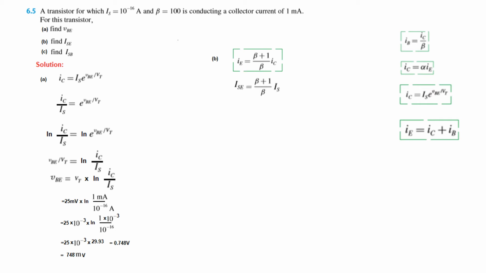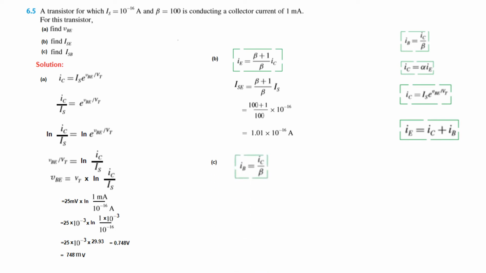So we can write that ISE is beta plus 1 divided by beta times IS instead of IC. So this will be the formula for calculating ISE. Plugging in the value of beta 100 and solving, we find ISE to be 1.01 times 10 to the power minus 16 ampere.